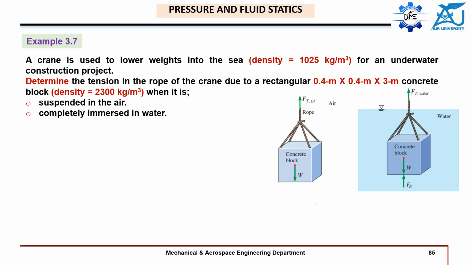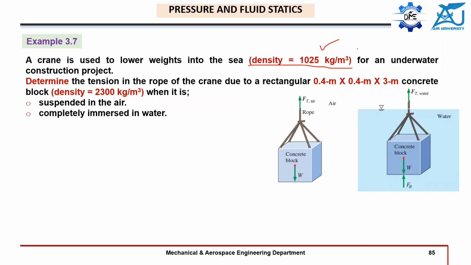Okay, so we have a very simple example related to this topic. A crane is used to lower weights into the sea for an underwater construction project, where the sea density is 1025 kg per meter cube.